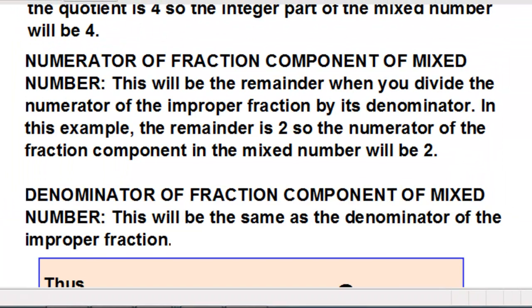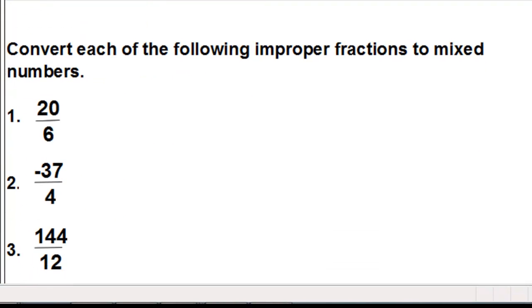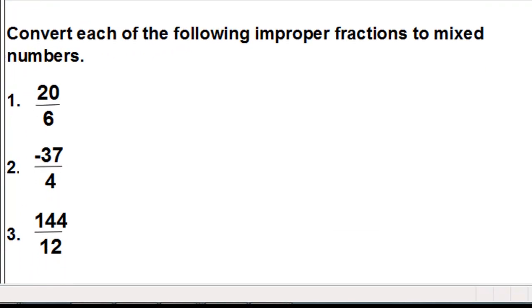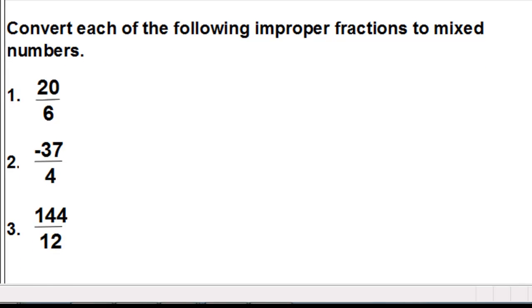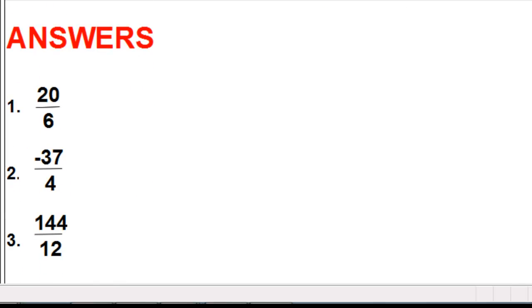All right, let's look at an example. Convert each of the following improper fractions to mixed numbers: 20 over 6, negative 37 over 4, and 144 over 12. Okay, 20 over 6, what do you get?